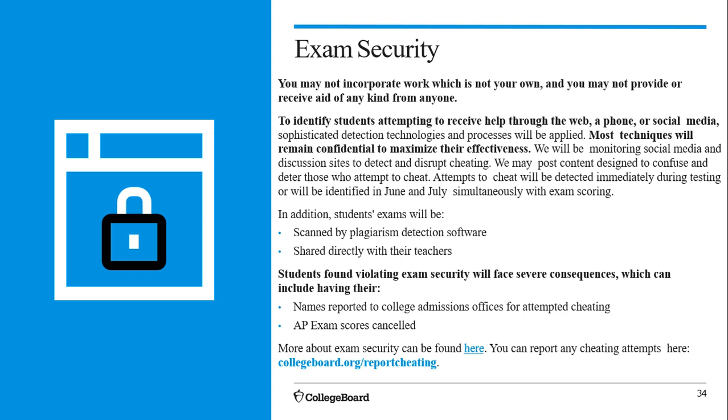We will be monitoring social media and discussion sites to detect and disrupt cheating. Now, before you guys think this is some real black ops stuff, it's not. Shows do it all the time. For the show Blackish, I talked to one of the guys who ran the social media for that company. While the show was airing, they were looking for trend words, things like that, different posts. There was stuff specifically they were looking for so they could monitor what was going on.